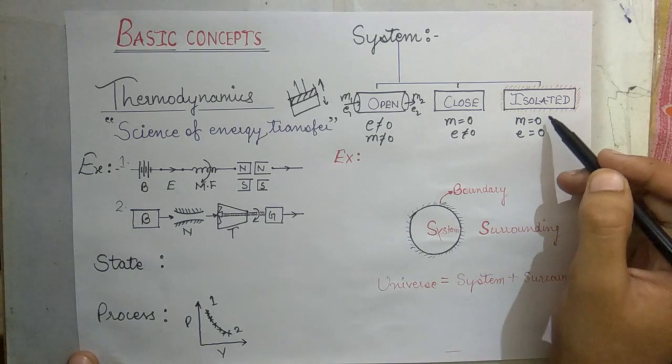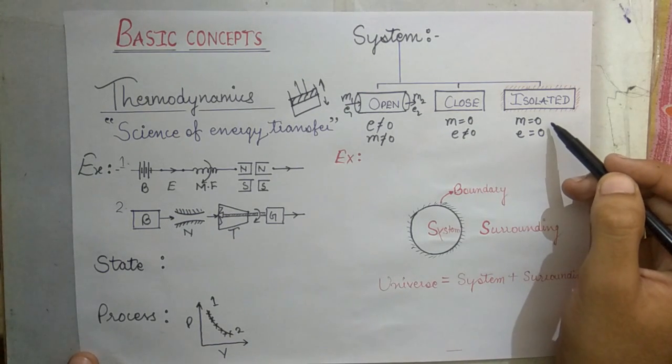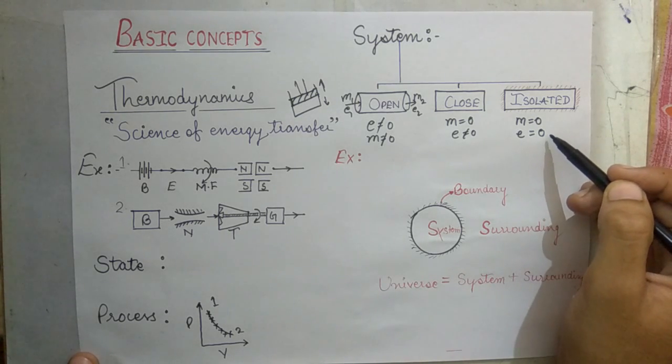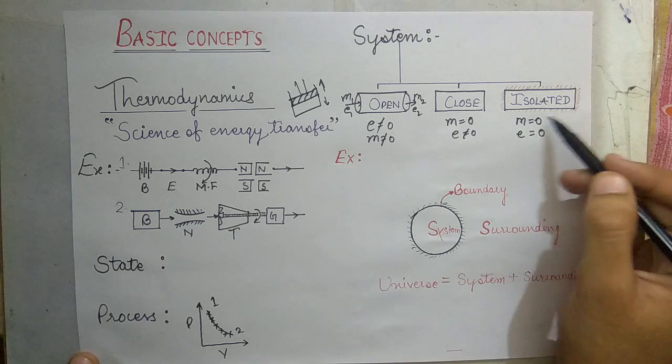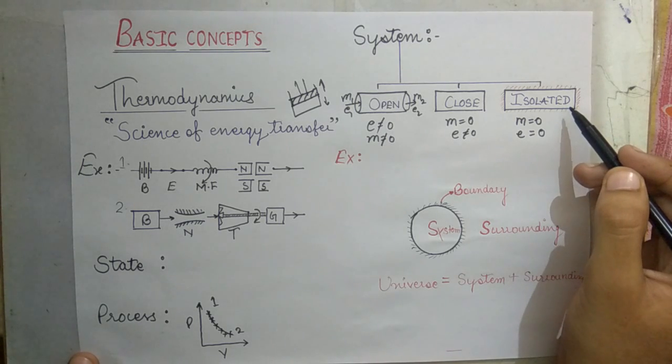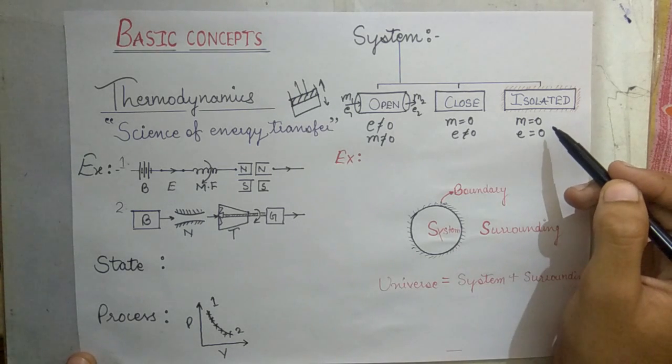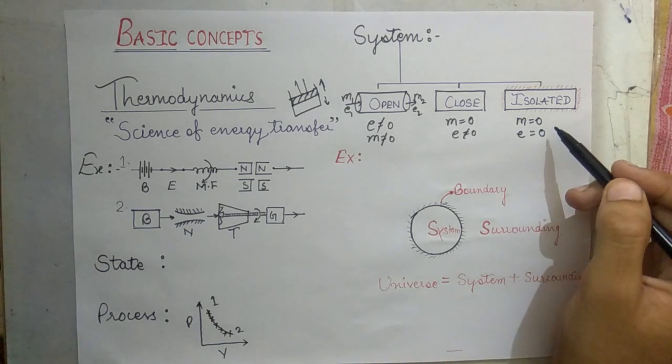If I talk about the isolated system, it may be the universe. The universe is a very important example of an isolated system because its energy remains constant. Okay, so from the conservation of energy, the energy of the universe remains constant.